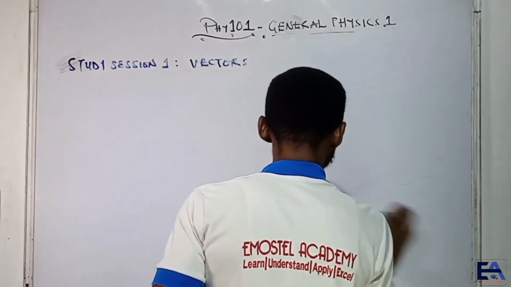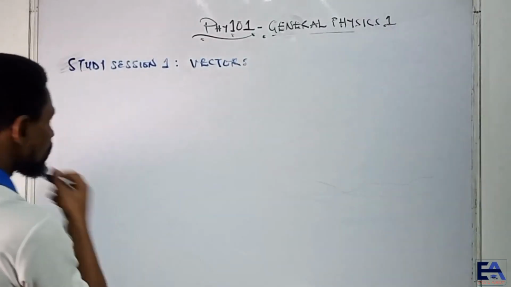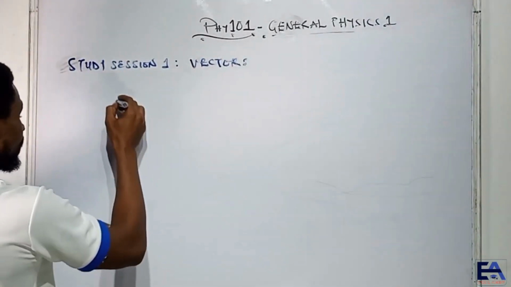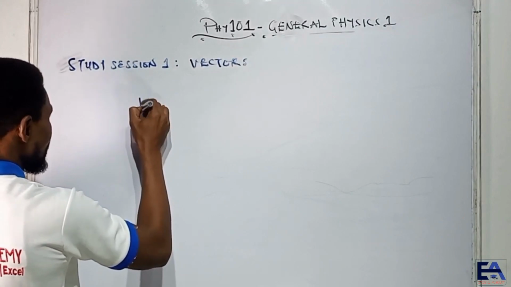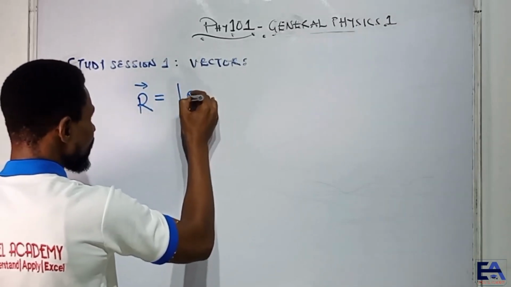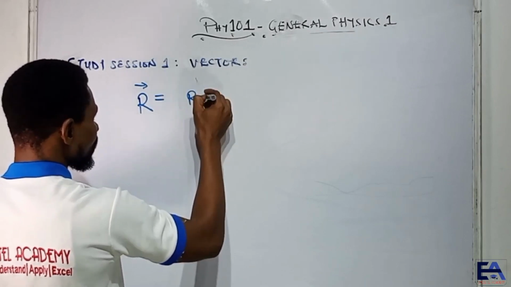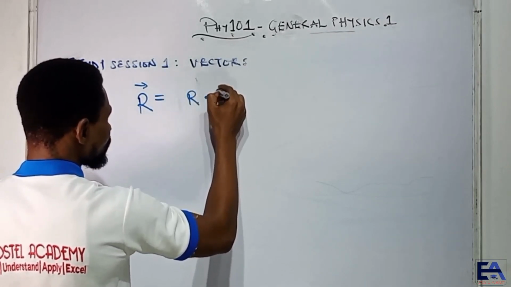Then, how do we find unit vectors? Let's see. In general, every vector R is equal to the product of its magnitude, like I told you, you can either put the bar or ignore it, and its unit vector.